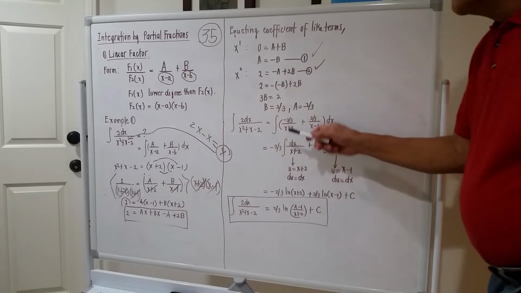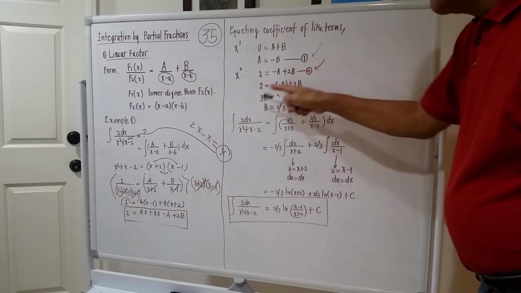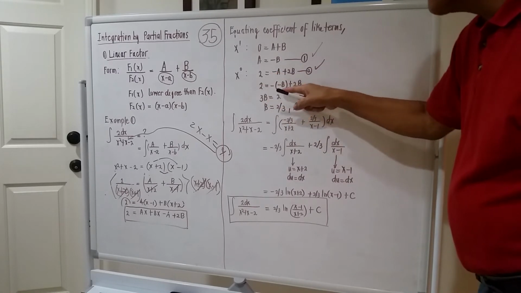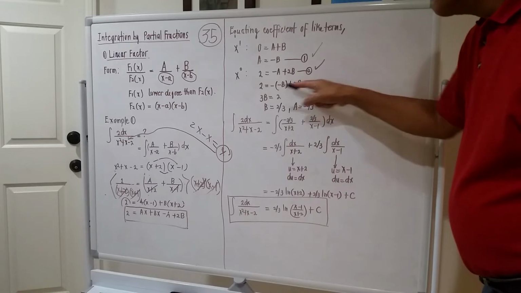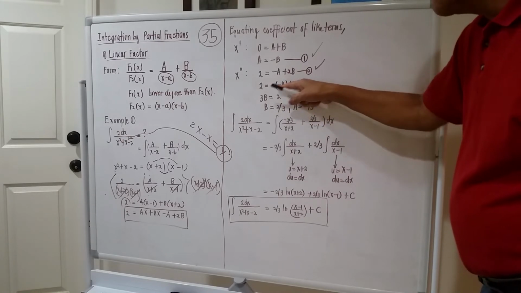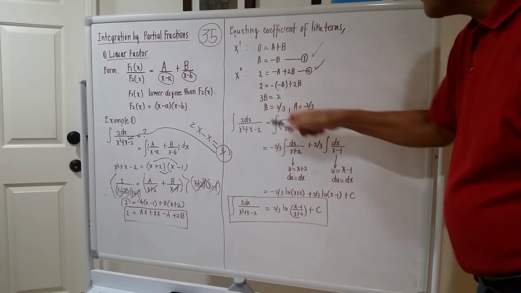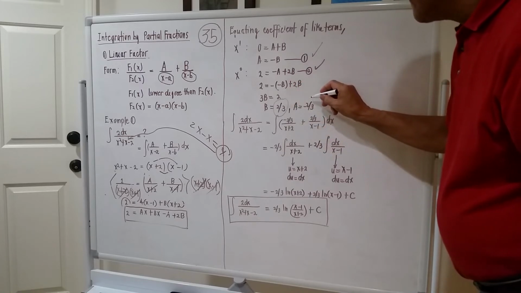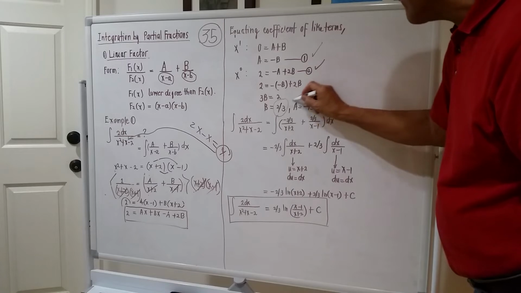We will substitute a equal to negative b into equation number 2. 2 now will be equal to negative, open quantity minus b, because a is minus b, plus 2b. This minus minus is plus b, plus 2b is 3b equal to 2, or b equal to 2/3. b is equal to 2/3, and since a is equal to b preceded by a negative sign, a will be negative 2/3.